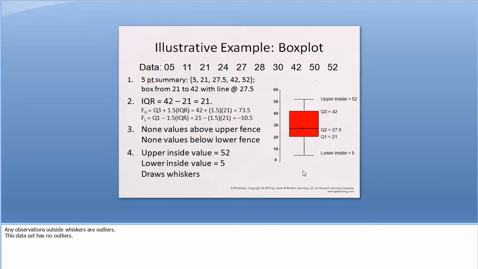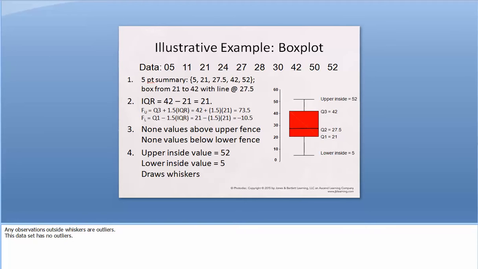So if you have a box plot, these two are Q3 and Q1, so you can find the interquartile range. This line represents the median. These are called whiskers. Any number outside the whiskers is considered to be an outlier. Okay, all right then.